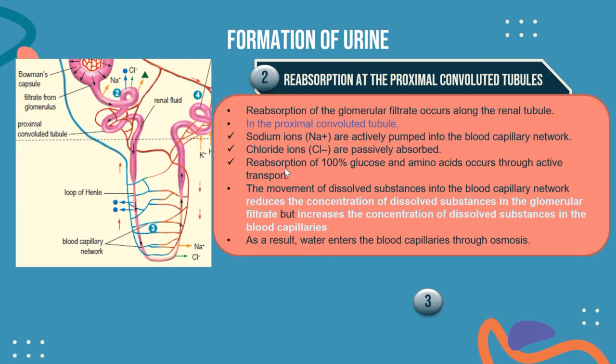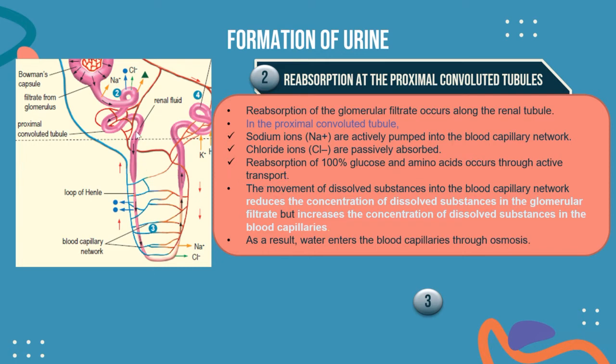Next, this one is the important one. The reabsorption of 100% of glucose and amino acids occurs through active transport.